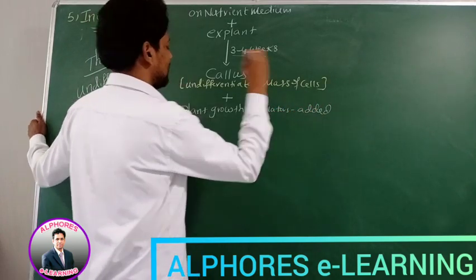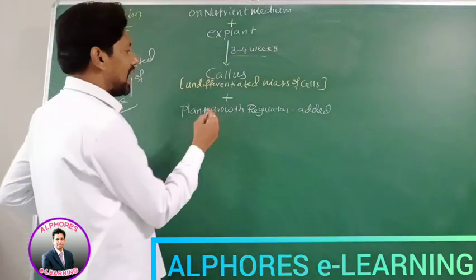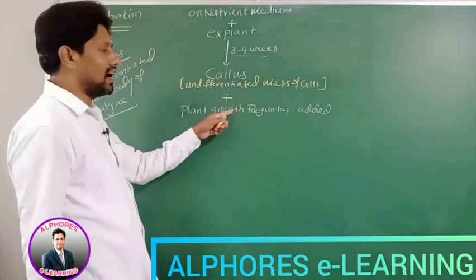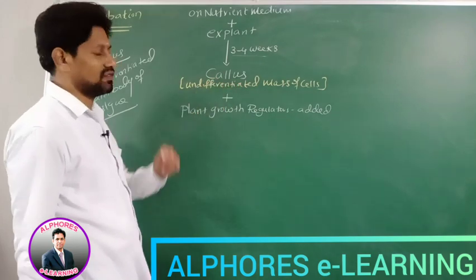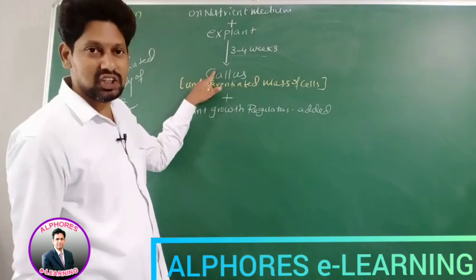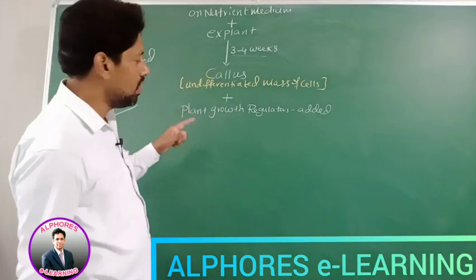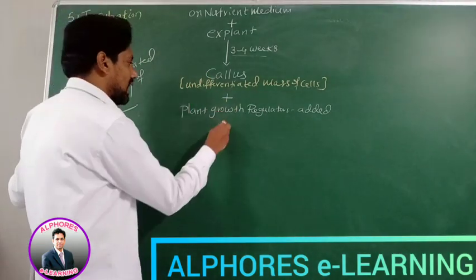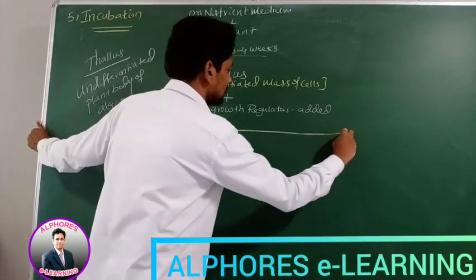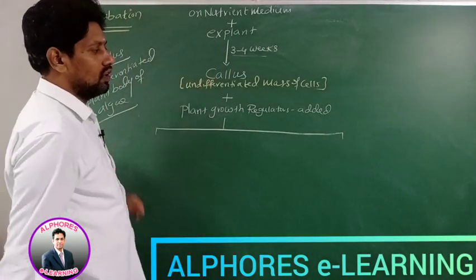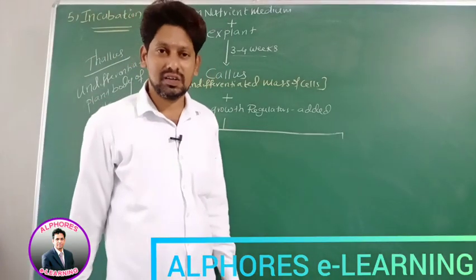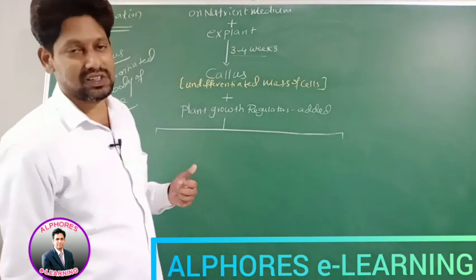After callus formation, we are adding plant growth regulators to the nutrient medium. Yes or no? What are the plant growth regulators we are adding? Auxins and cytokinins.